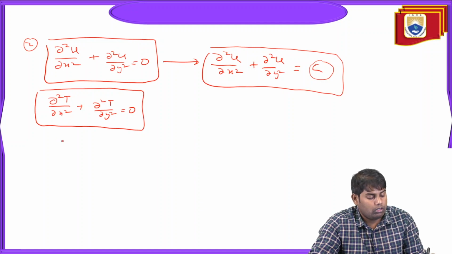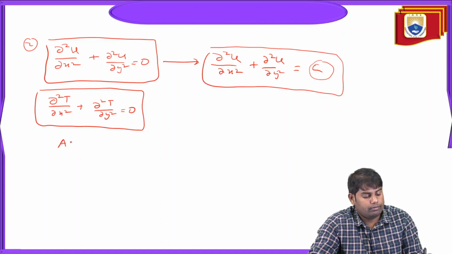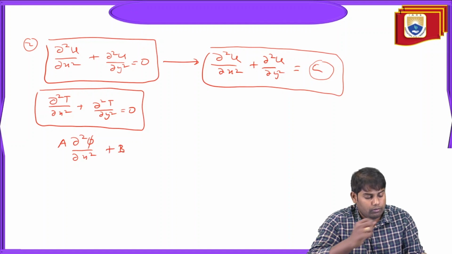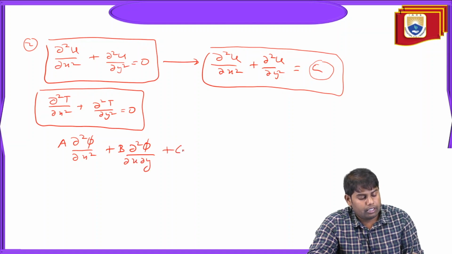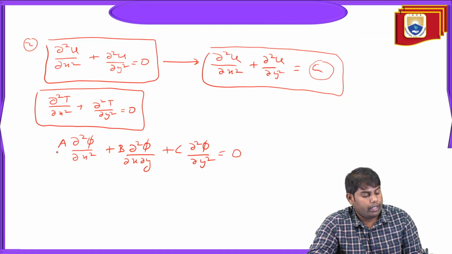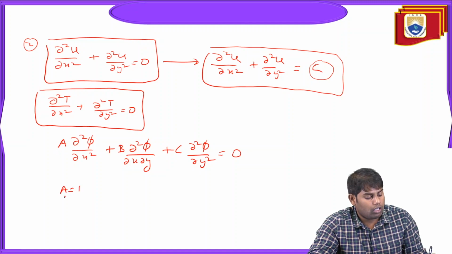Again we write this equation: a into ∂²φ/∂x² plus b into ∂²φ/∂x∂y plus c into ∂²φ/∂y² is equal to 0. If you compare, a is equal to 1, b is equal to 0, c is equal to 1.